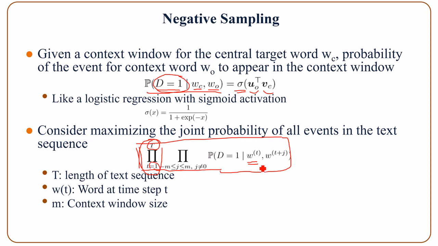And for each central target word WT, we consider M words before and M words after it. That's why we see J is from negative M to M for all the context words. Also notice that we only consider D equal to 1, meaning the context words appear in the context window.